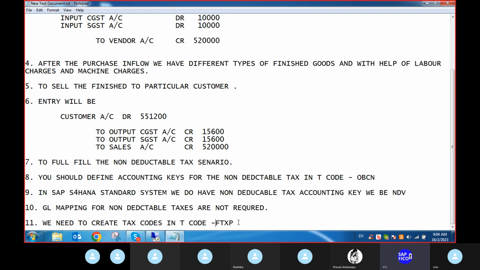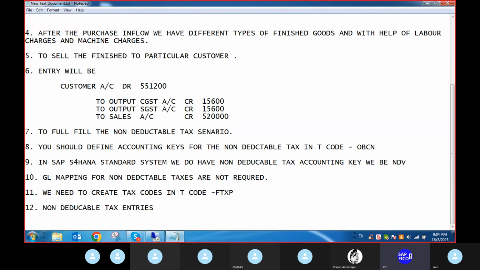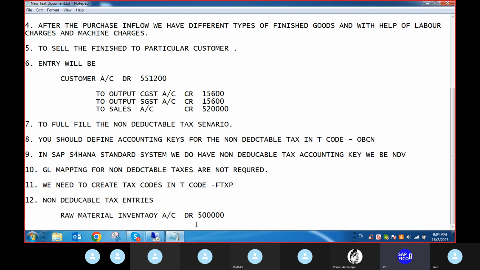So 12th point will be non-deductible tax entries. So the entries will be, so here purchase, raw material inventory account debtor 5,20,000 rupees, 5,20,000 rupees total.